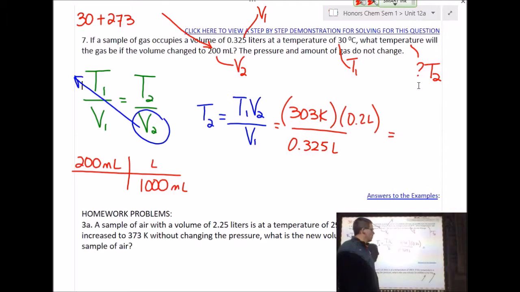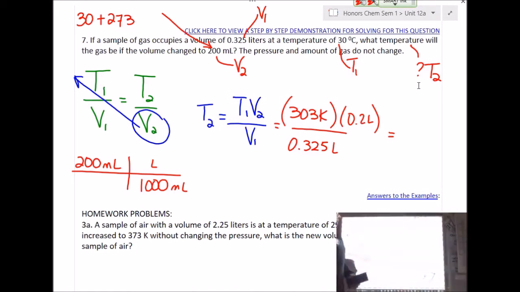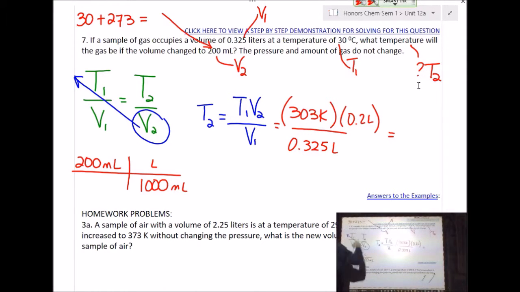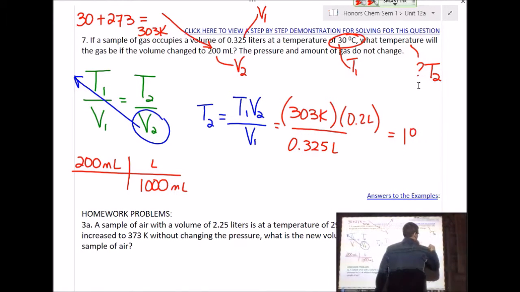Where does 303 come from? Right here. Because you can't do this with the Celsius, you need it in Kelvin. Since we're in degrees Celsius, you must convert it to, what is it? Kelvin, yes.